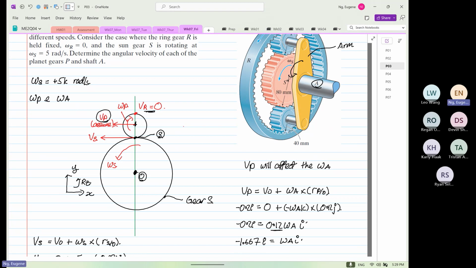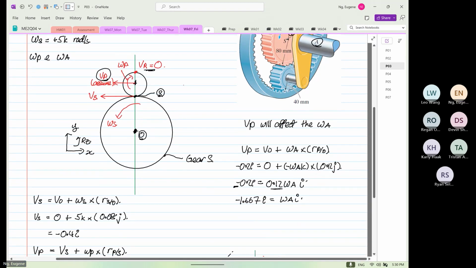But I still have a minus sign here. So what I'm seeing here is that it will rotate in this direction.